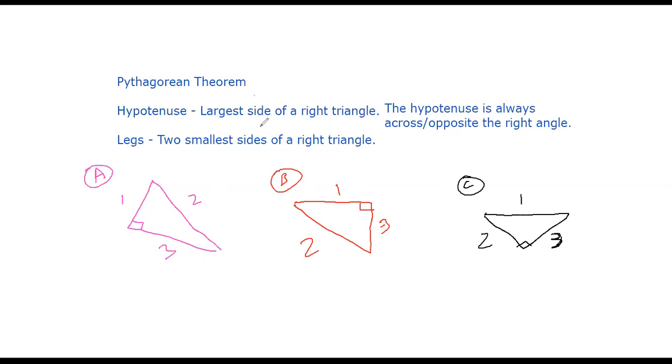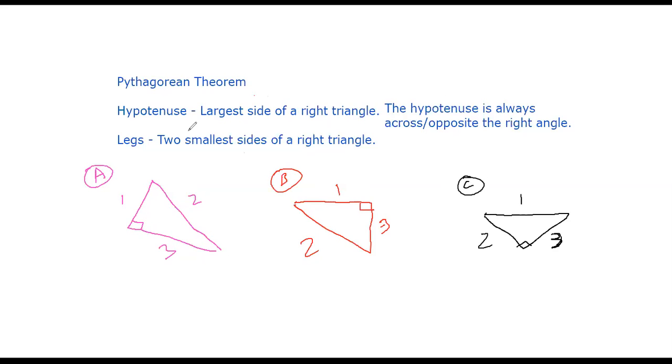Which numbers are the legs and which number is the hypotenuse based on this drawing? If you could unmute yourself and just share it out loud. Which numbers are the legs for the pink triangle and which one is the hypotenuse?